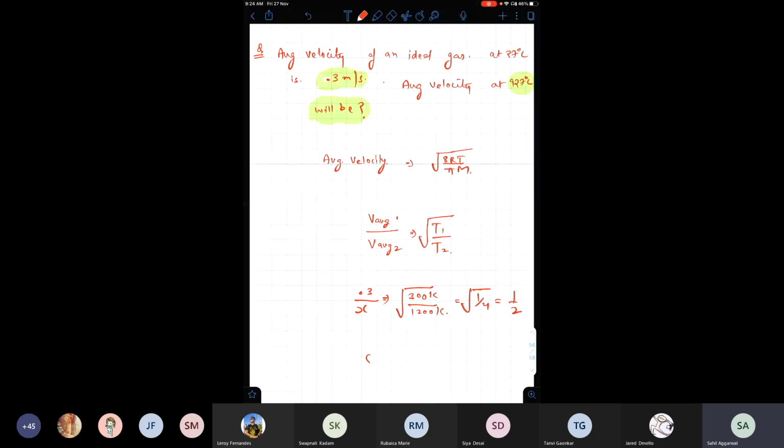So x will be equal to 0.6 meter per second. Understood, all of you? Just wait a minute.